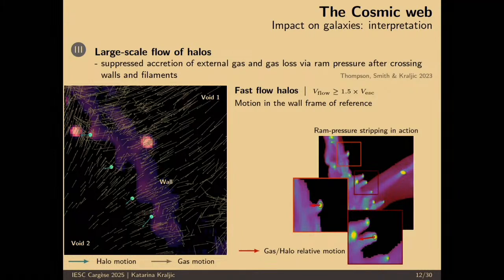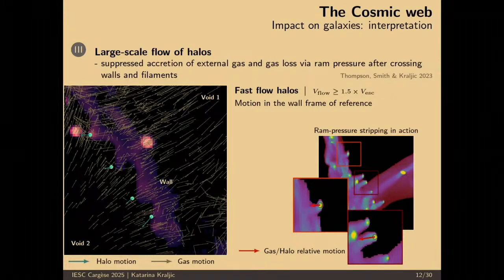So what is happening there? These halos go with the flow. They are expelled from one void, and they approach the wall. As they approach the wall, they move with the global flow of the matter, so they can continue to accrete their gas because their relative velocities are pretty low. But once they cross the wall, they happen to be moving against the gas that is coming from another wall from the other side.